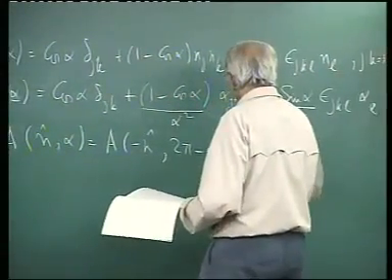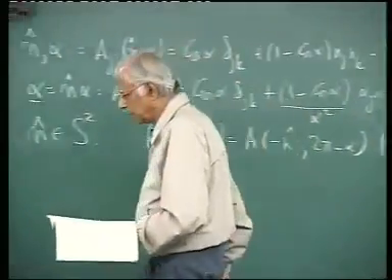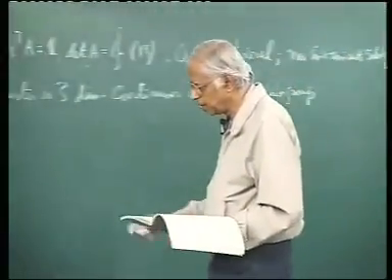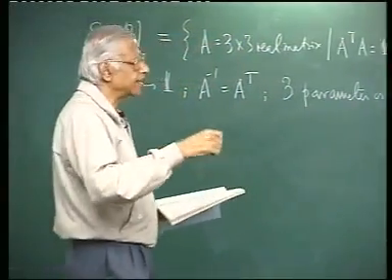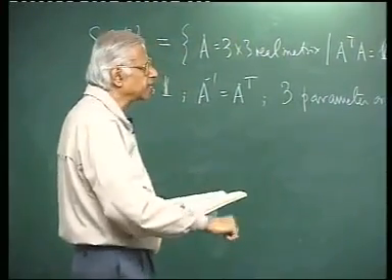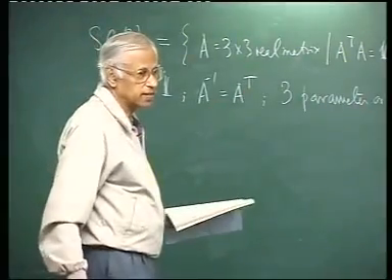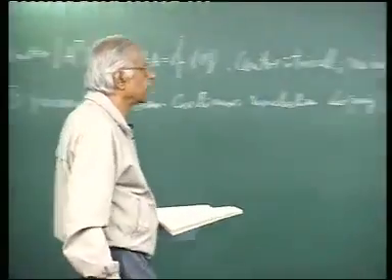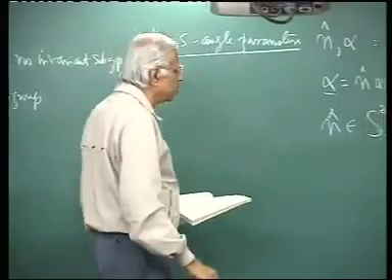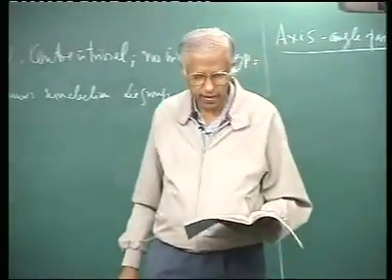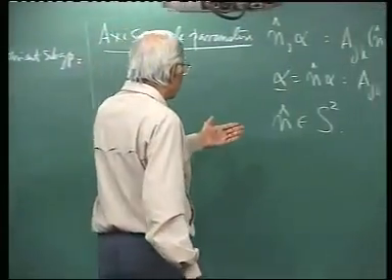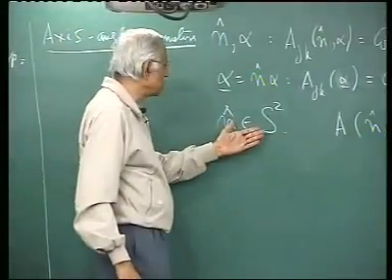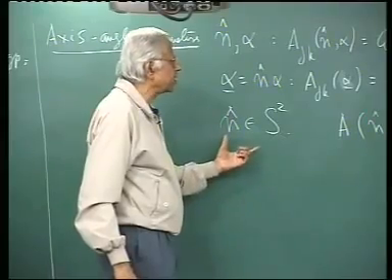I'll give it a name, a number. A rotation by amount alpha around n is geometrically the same as the rotation about the opposite axis by the amount 2 pi minus alpha. Therefore, if I say that I will allow all possible choices of axis, all points on the sphere S2, what range should I take for alpha?